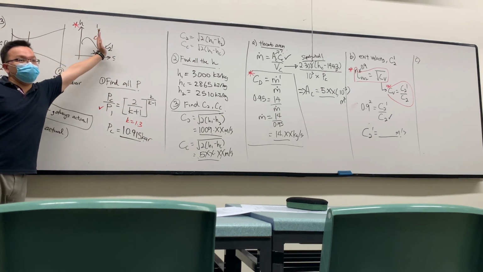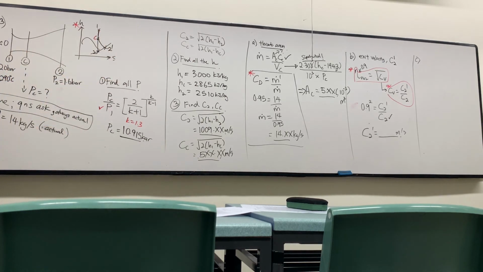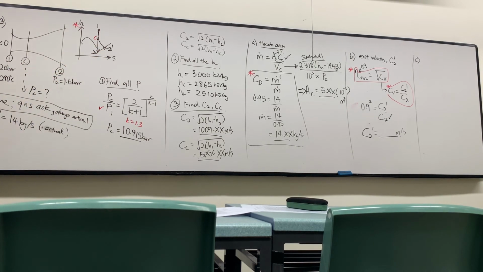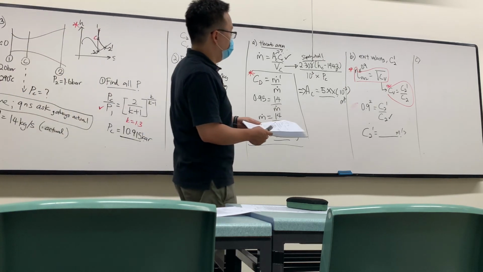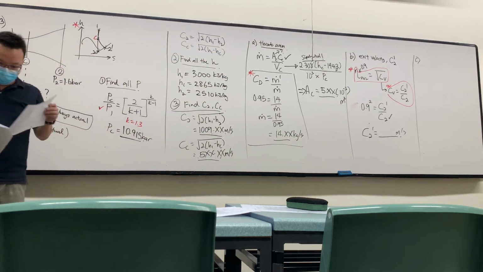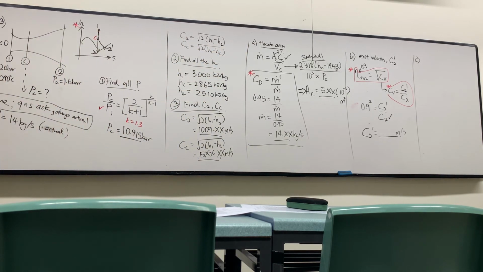Actual, ideal. The question asked could be different. The question always gives actual. Yes, find the 2 prime. Because it is what?